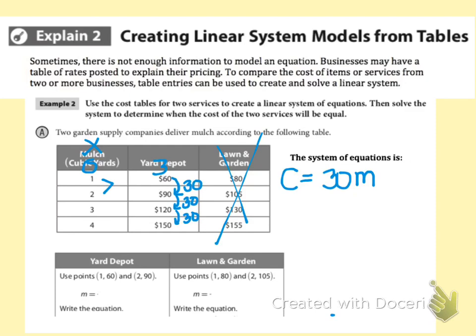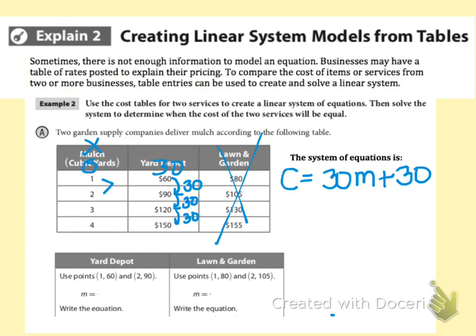We used the per-yard mulch cost going backwards, and we can see there must be a delivery fee of $30. It's just like working backwards to find the y-intercept. Remember, the y-intercept is when the input value, or the x value, is 0. So we're working backwards to find the 0 term.